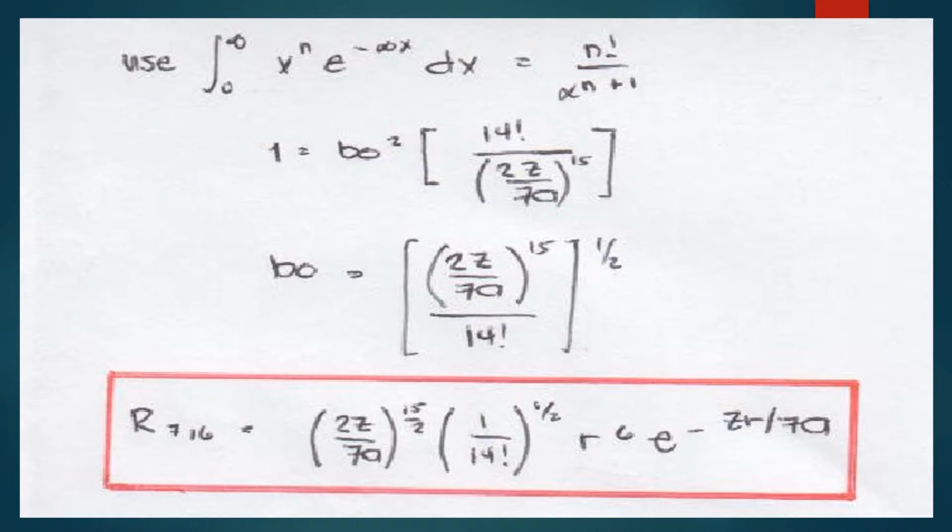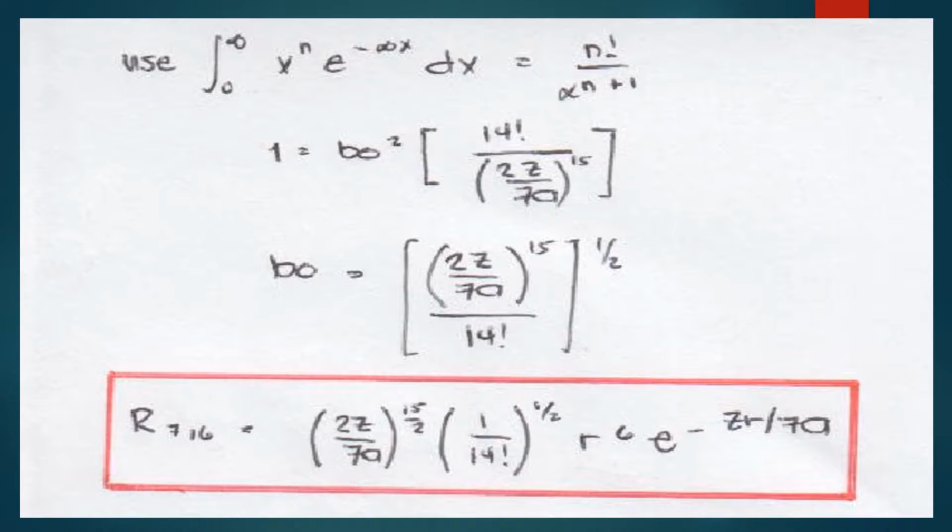Substituting 2Z over 7a for alpha, and 14 for n, will give us 14 factorial over 2Z over 7a raised to 15.